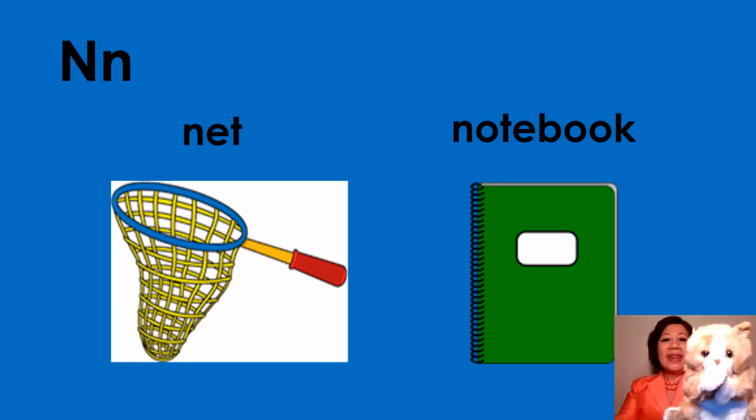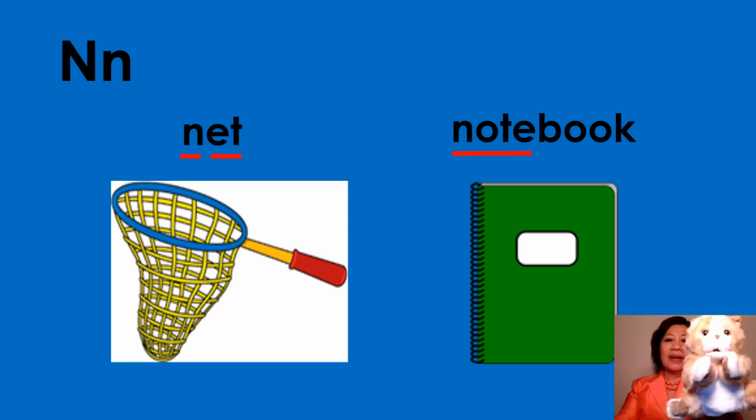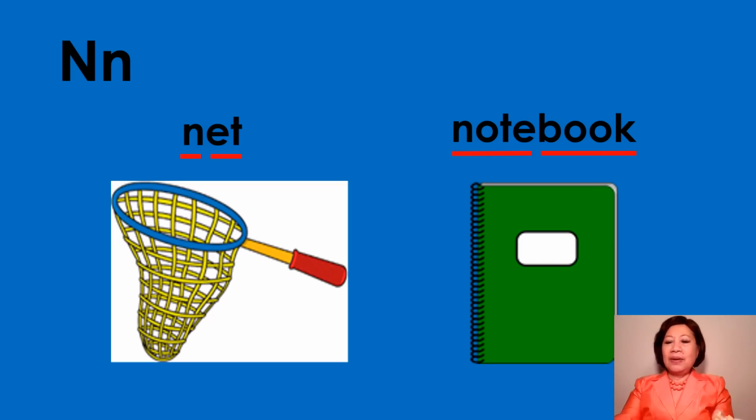N. N says N as in net. I catch fish with my fishing net. N. N says N as in notebook. I write my journal in my notebook.